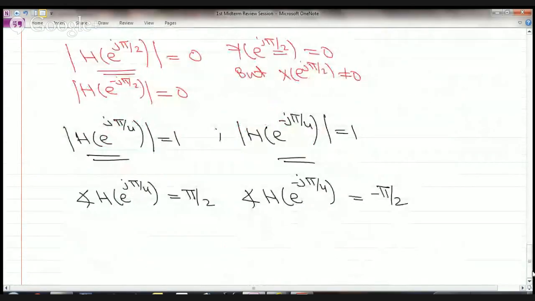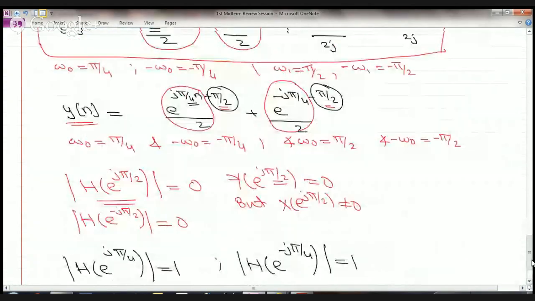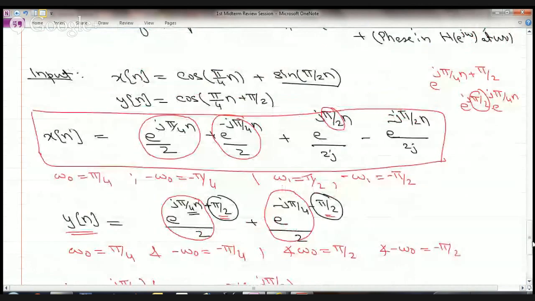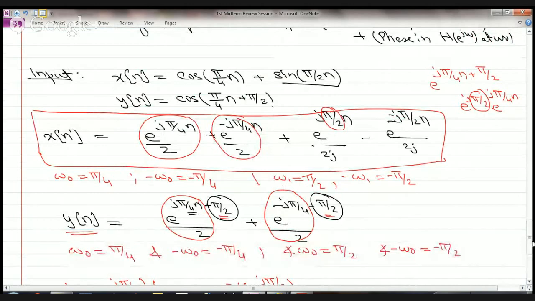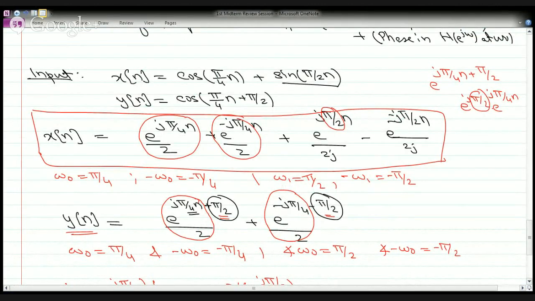Now, it's of course taken us a long time, but if you know your concept well, it's actually very straightforward to see. You convert your signals, if they are pure sinusoids, into complex exponentials. You figure out what the output frequencies are, and then based upon that, you can tell what conditions you need on your frequency response. If a frequency has been killed, then your frequency response better be 0 at that frequency.